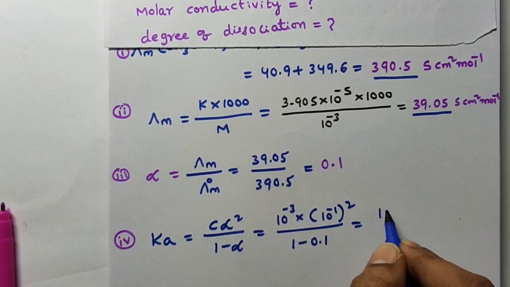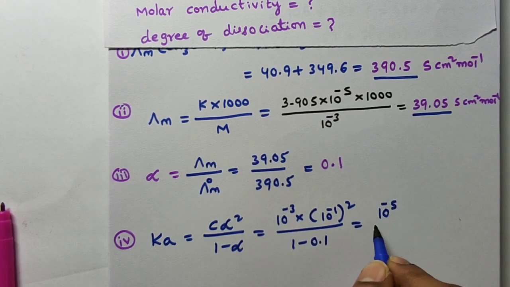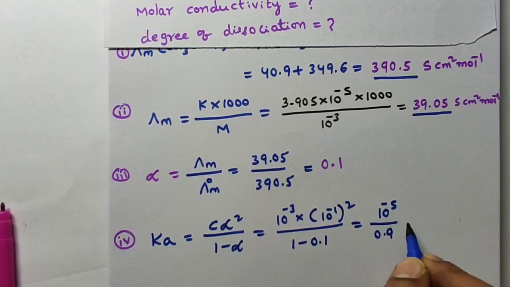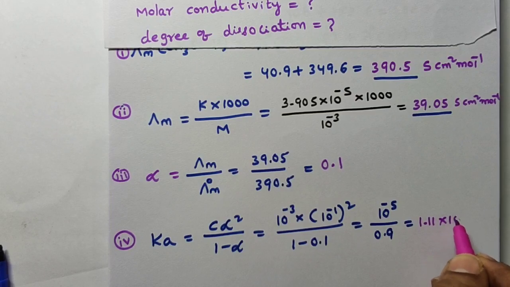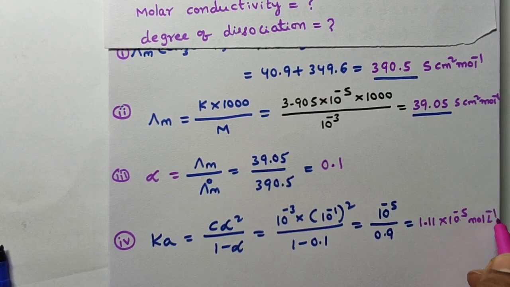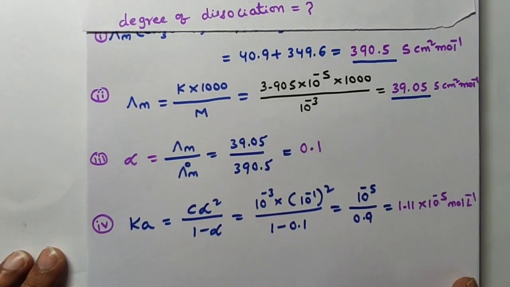Alpha is 0.1, nothing but 10 power minus 1 whole square, and 1 minus 0.1, right? If you multiply this, you will get 10 to the power of minus 5 divided by 0.9 here, and if you do the calculation, we will get 1.11 into 10 to the power of minus 5 units mole per liter. Understood?